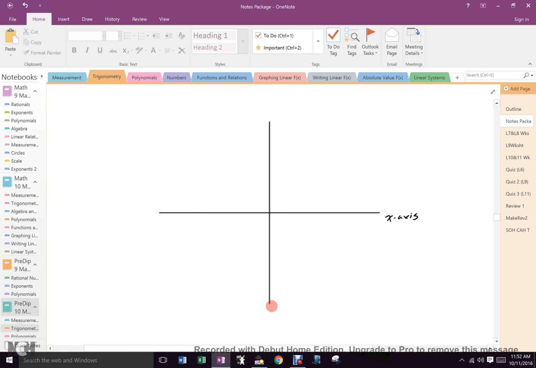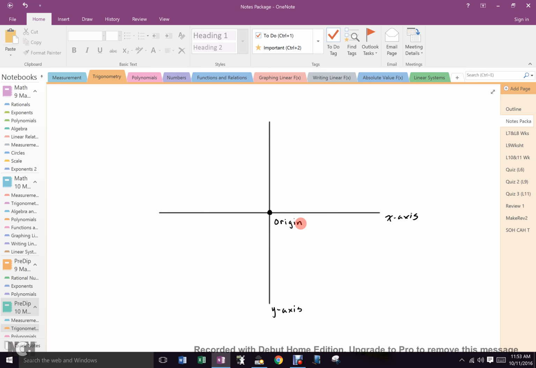This, of course, is what? The y-axis. What is this spot right here? It is 0, 0. It also has a name. What is it? Does anyone know? It is the origin. Some of you may have heard that word before. Some of you may not have. Everybody okay?